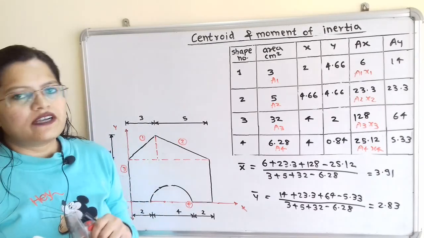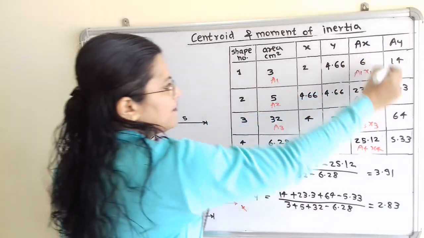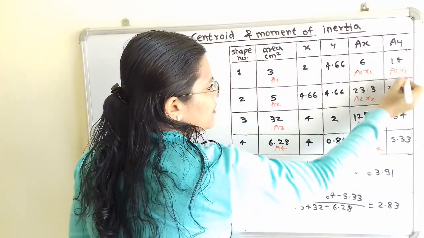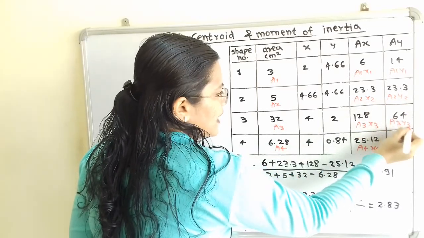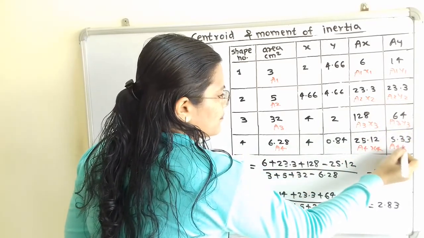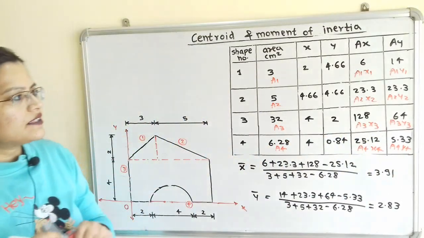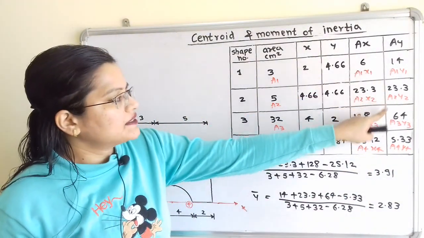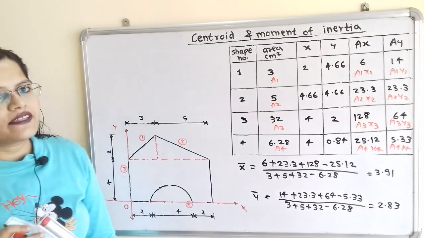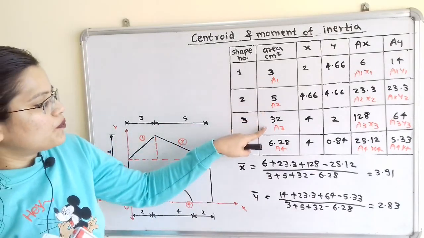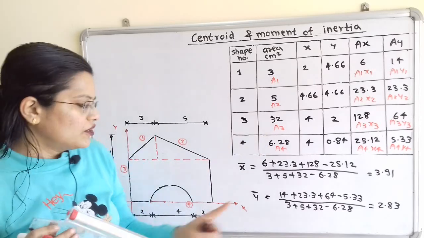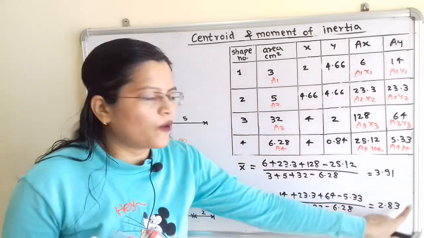Now we will calculate y bar. So for this ay, here this is the value of a1 y1, a2 y2, a3 y3 and a4 y4. So y bar is equal to a1 y1 plus a2 y2 plus a3 y3 minus a4 y4 divided by a1 plus a2 plus a3 minus a4. So y bar is equal to 2.83.